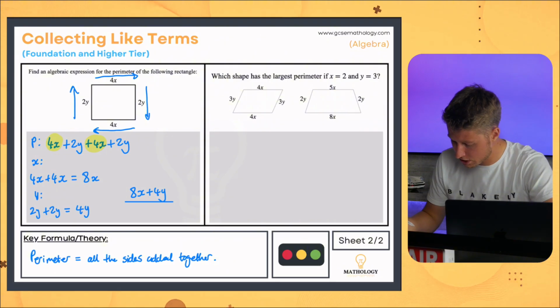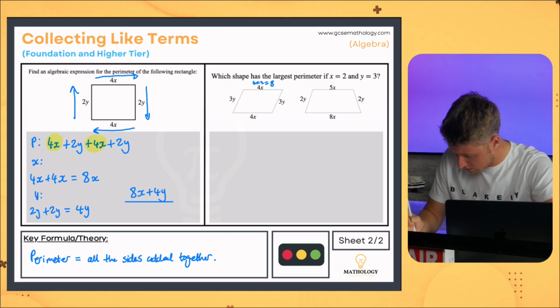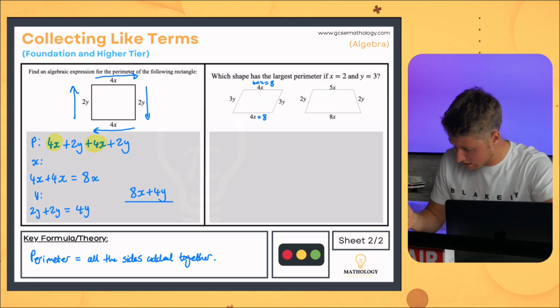Question 4 says which shape has the largest perimeter if x is equal to 2 and y is equal to 3? In this question, we're required to substitute in x equals 2 and y equals 3 into the following terms. 4 times 2 is 8, so this is also going to equal 8.